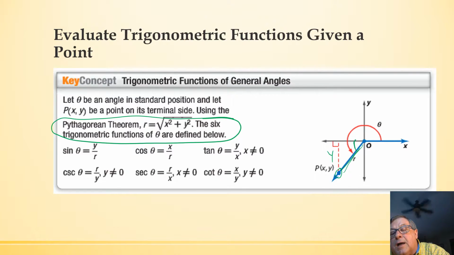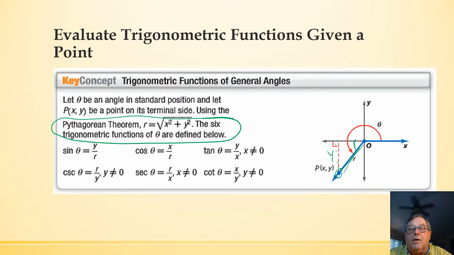If we bring a dotted line down here, this is how we get that. We form a right angle, and that's going to give that value of r as the hypotenuse. And so sine is opposite over the hypotenuse, or y over r, and the cosine is going to be the value of the x coordinate, the length of the adjacent side adjacent to that angle, over the hypotenuse, x over r.